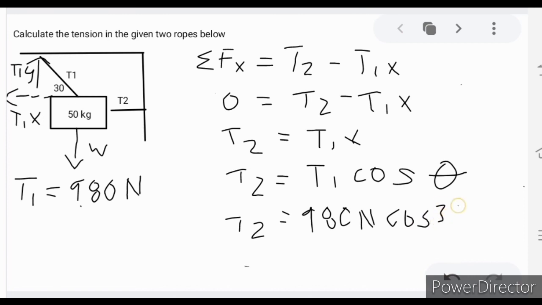So let's compute the value of T sub 2. Based on our calculator, it is 848.70 Newton.